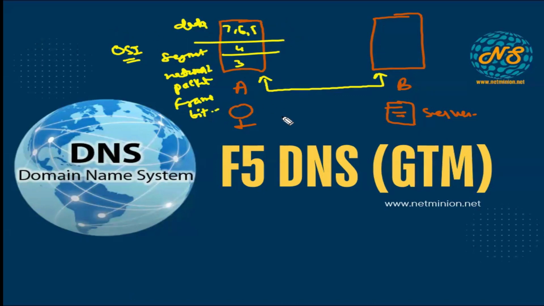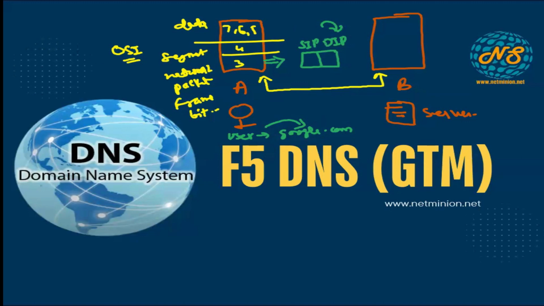So if a user wants to get access to, let us say, google.com, then at layer 3, when the actual packet is being formed, there is a source IP and a destination IP. He or she should be aware of the destination IP.